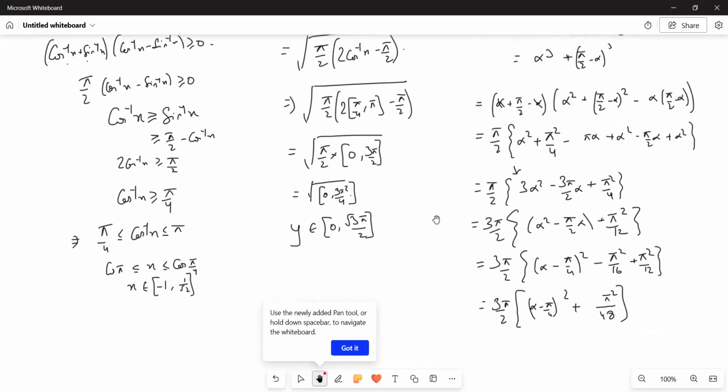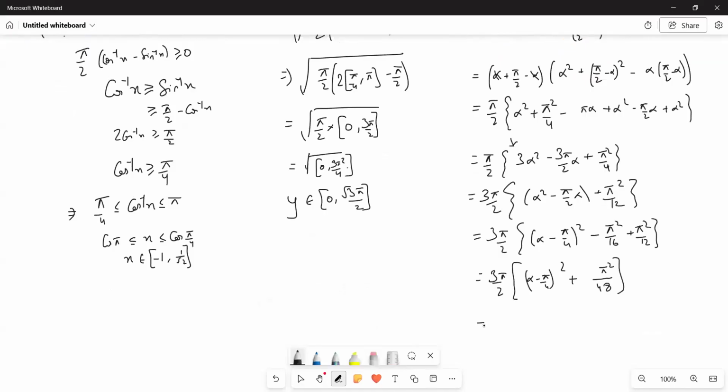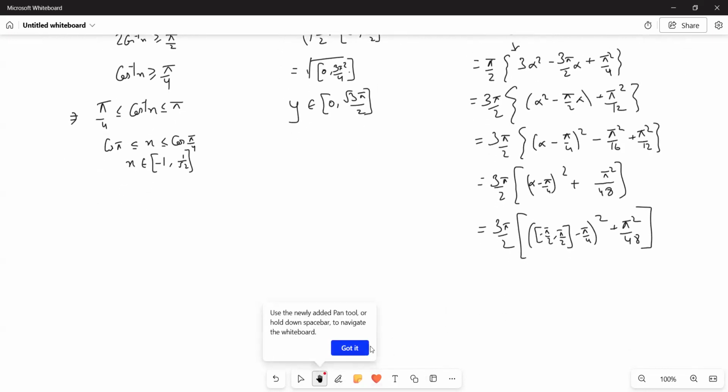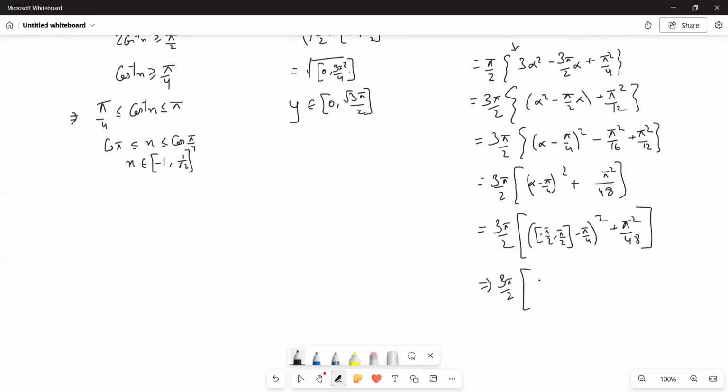Alpha represents sine inverse. So what's the range restriction of alpha? 3 pi by 2 of a number lying between minus pi by 2 to pi by 2, minus pi by 4 whole squared plus pi square by 48. तो minus pi by 2 to pi by 2 minus pi by 4 हो गया, 3 pi by 2 of a number lying between minus 3 pi by 4 to pi by 4 whole square plus pi square by 48. अब minus 3 pi by 4 to pi by 4 whole square ये कितना हो जाएगा?